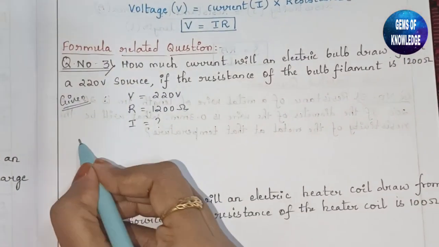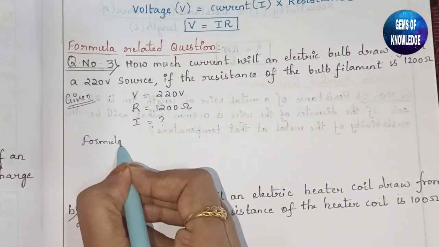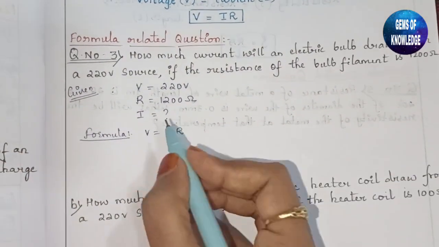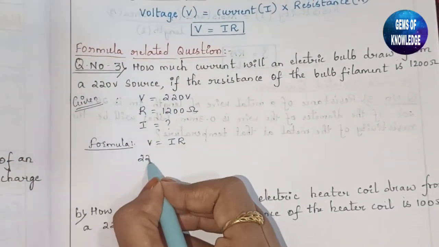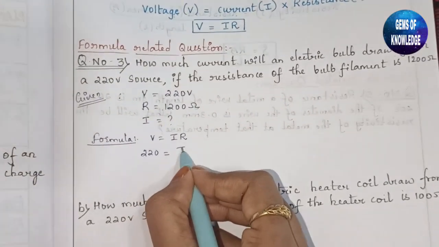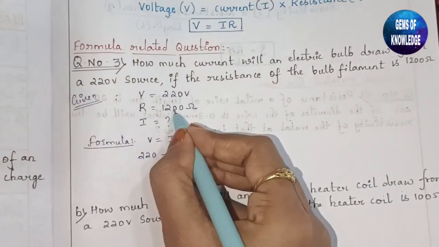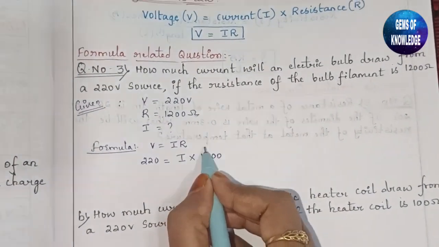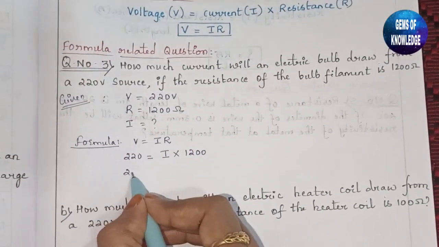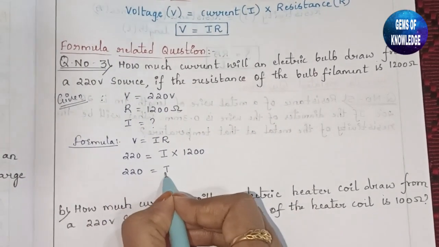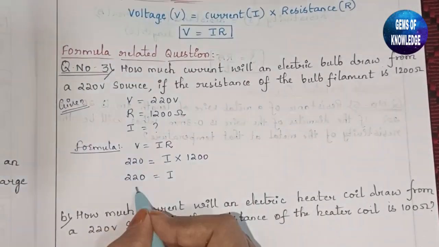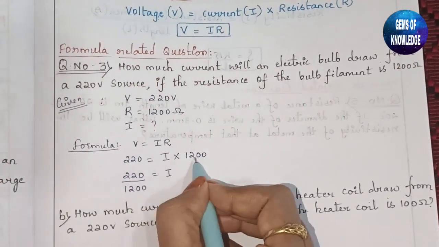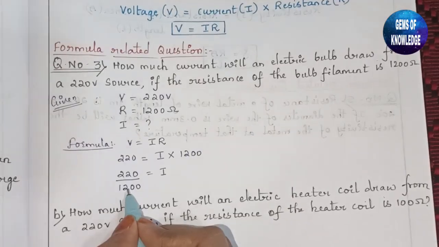So what is the formula? V = IR. Let us substitute: the V value is 220 = I, which we don't know, times R. We bring R to this side, so I = 220/1200. Because it was multiplied, after it comes to the other side it becomes divided.